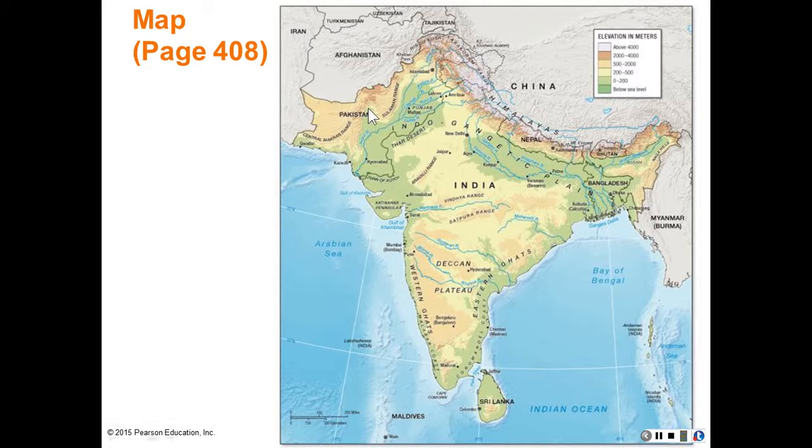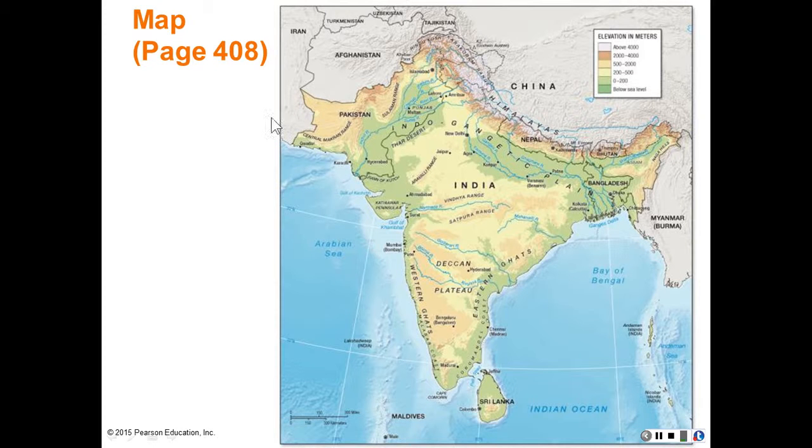We have Pakistan in the northwestern portion, much desert here. This is the location of the Indus River coming from the Himalaya Mountains, from the Karakoram range. This area borders on Afghanistan and has some heritage shared with parts of Afghanistan, and some ethnic groups shared as well.